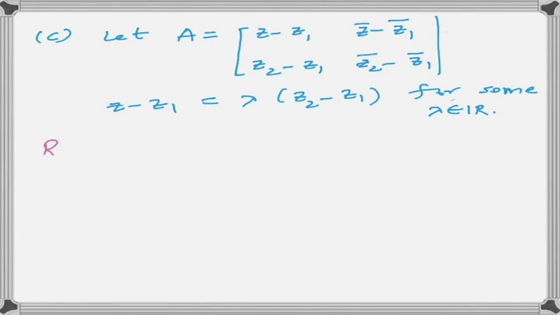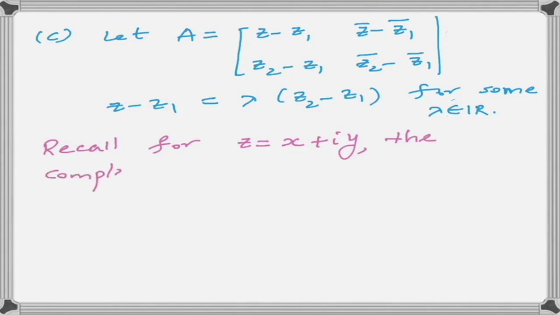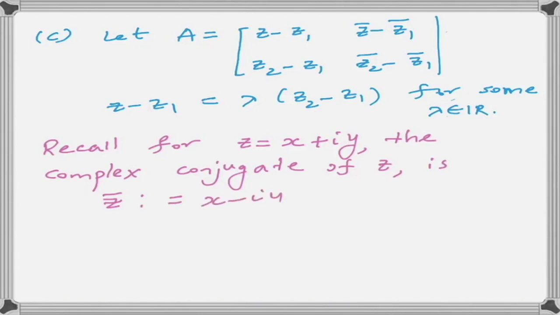Recall that for a complex number z equals x plus iy, the complex conjugate of z is the complex number z bar defined as x minus iy.